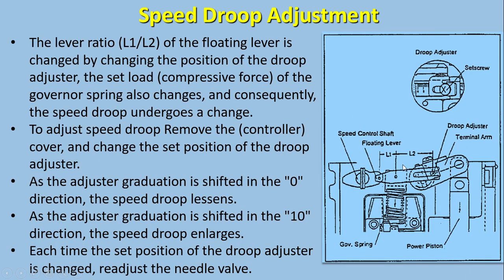You can see there is a floating lever, and the lever ratio is L1 and L2. The lever ratio L1 and L2 of the floating lever is changed by changing the position of the droop adjuster. Here we can see the droop adjuster.